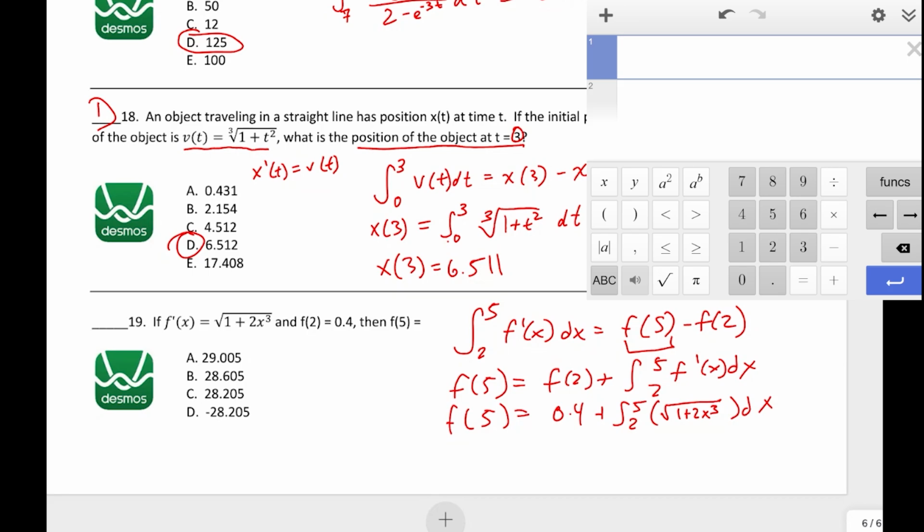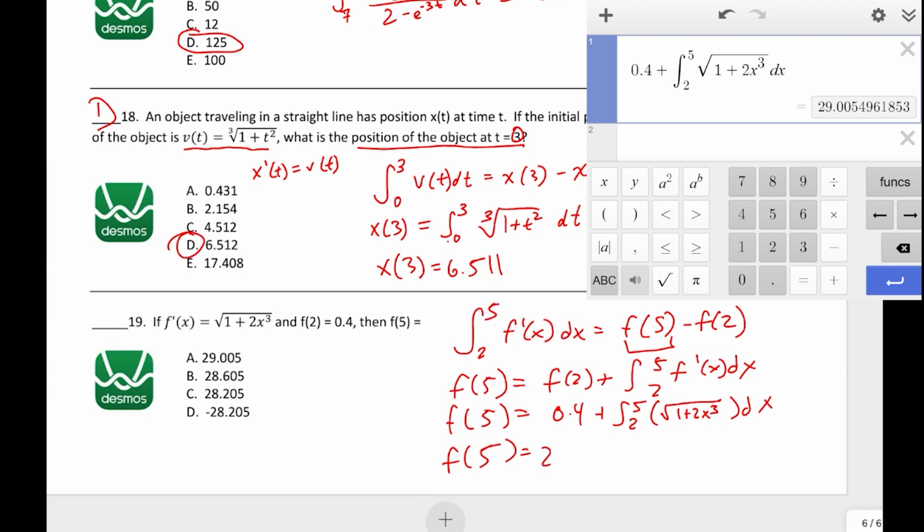Let's go ahead and type that in. So 0.4 plus the integral from 2 to 5 of the square root of 1 plus 2x cubed, and then right outside that square root we put a dx. And there we go. F of 5 is 29.005.